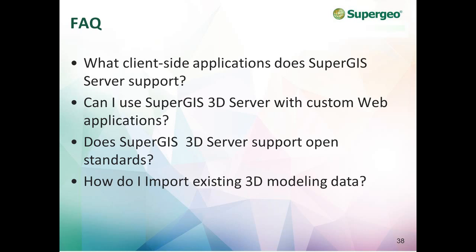Especially DAE is an extremely useful format, as it's built on an open standard XML schema that supports mesh geometry as well as materials and textures. So I think this will help everyone or developers to import their 3D model data to the 3D globe. Thank you, Chris, for sharing the FAQs.